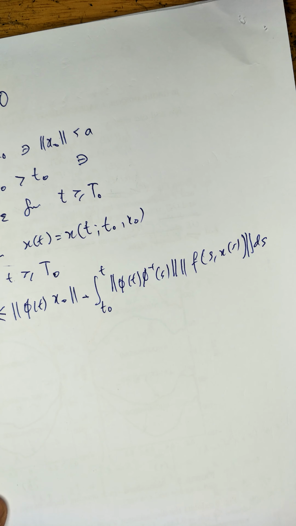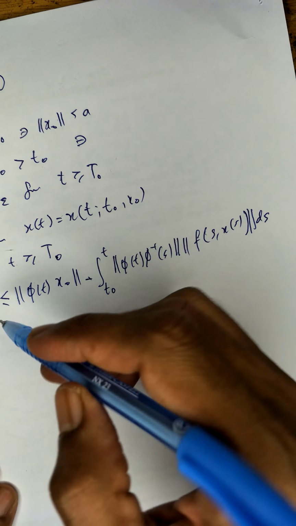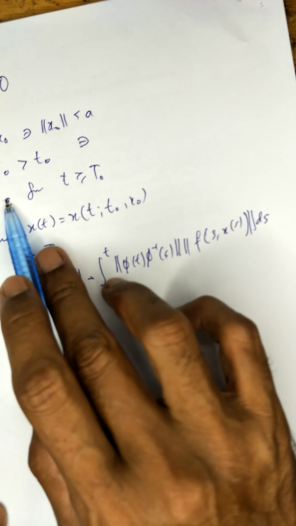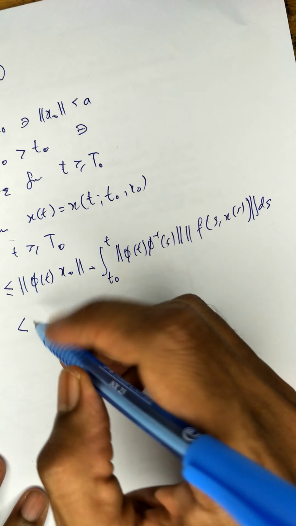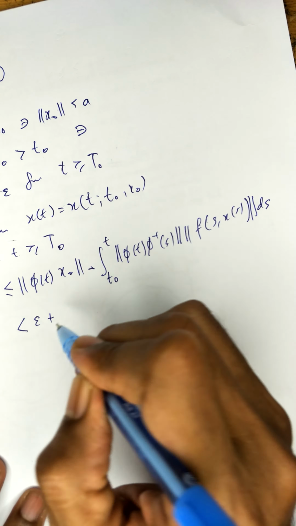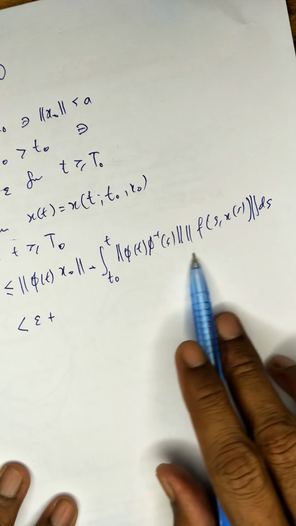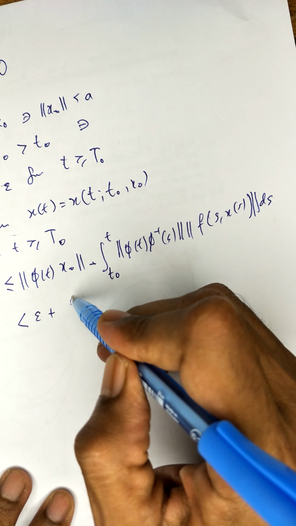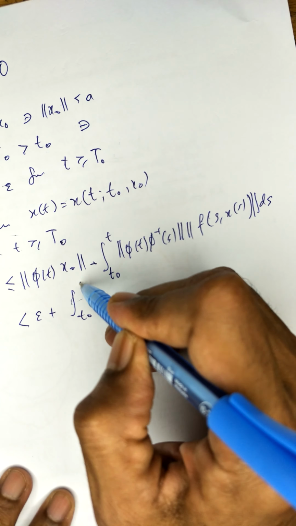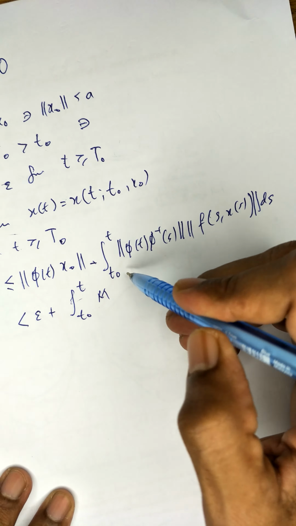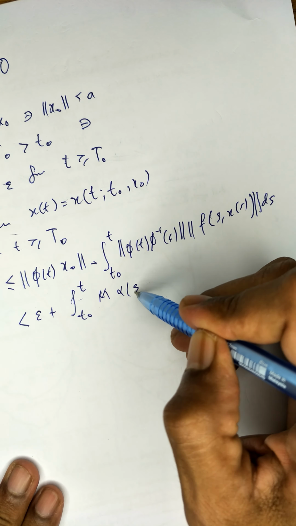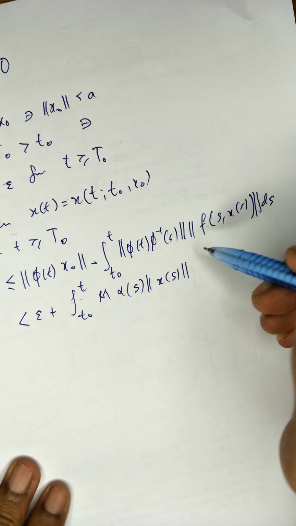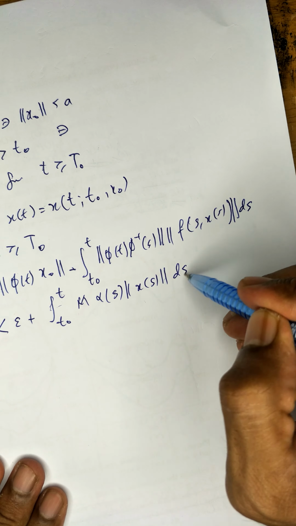Okay, and this gives us this part less than epsilon. We know this part is less than epsilon, so we have epsilon plus, and this from our condition, plus the integral from t naught to t of M alpha(s) x(s) ds.